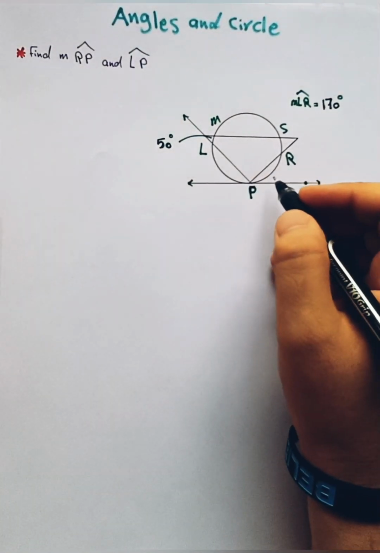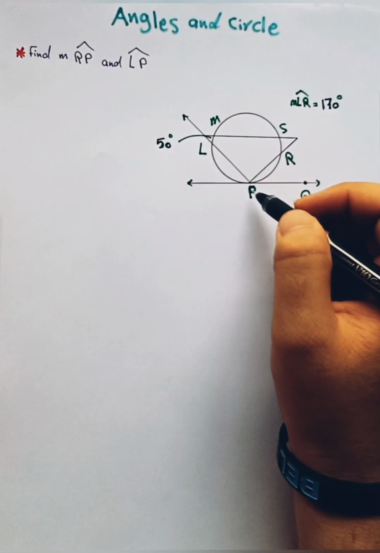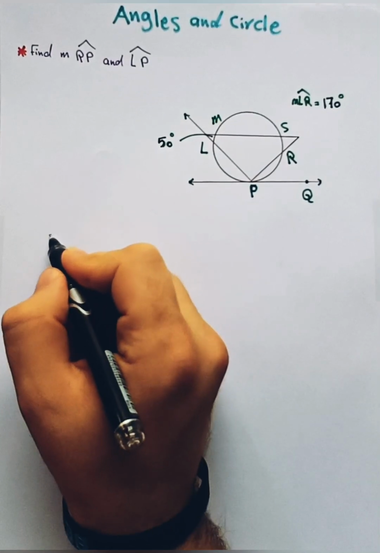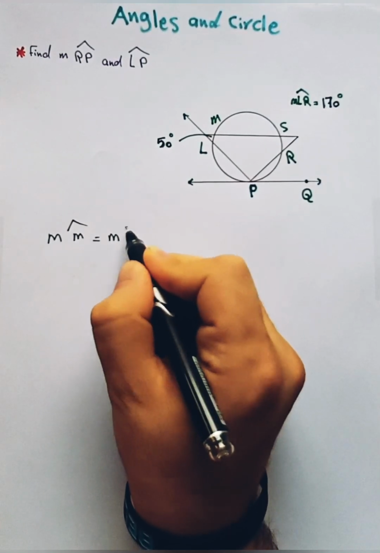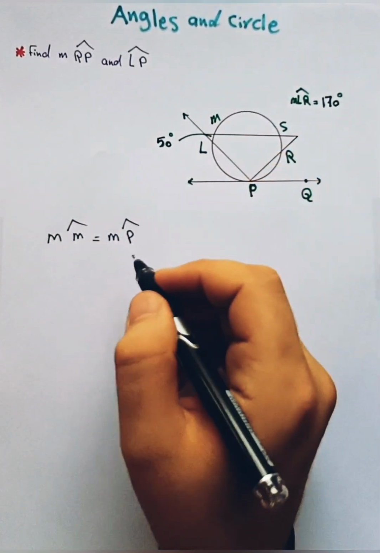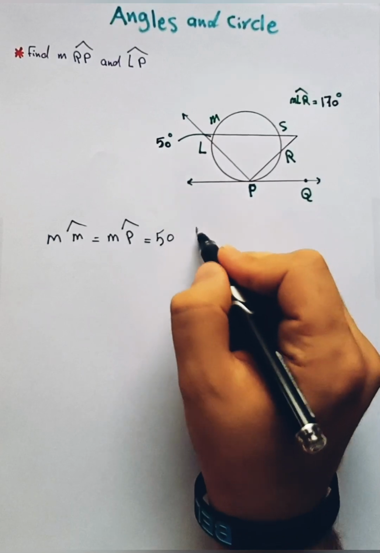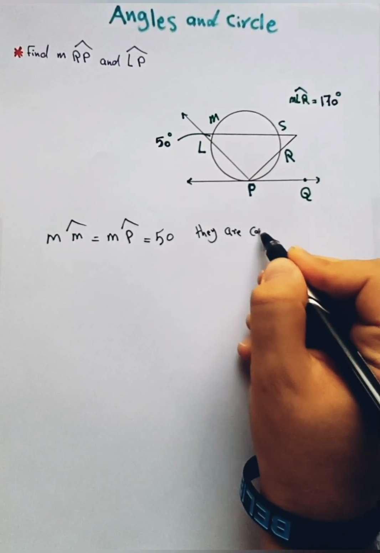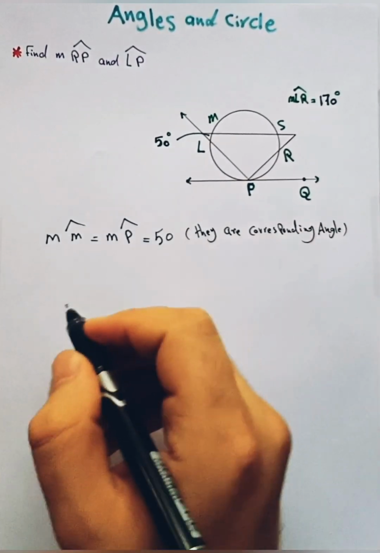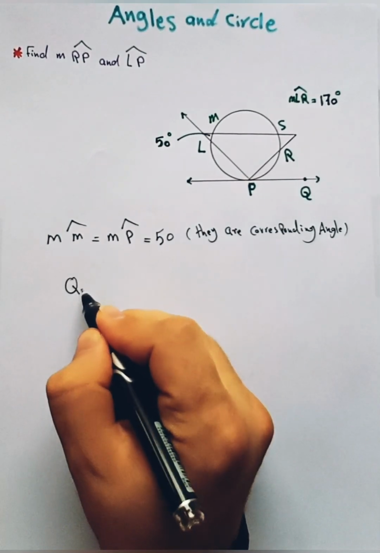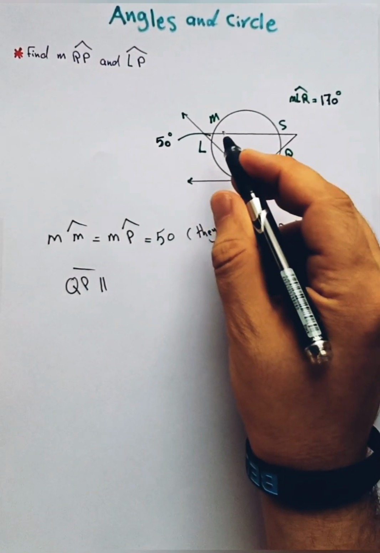After that, the last example, you have to find the measure of RP and LP. So first, the measure of angle M equal to the measure of angle P, angle M and P, both equal to 50 because they are corresponding angles. So we can say QP is parallel to SM.